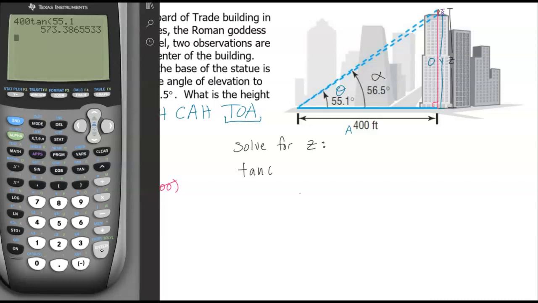This time of alpha equals O over A. Our opposite side there is z. Our adjacent is 400, and our alpha is 56.5. And again, multiply both sides by 400.